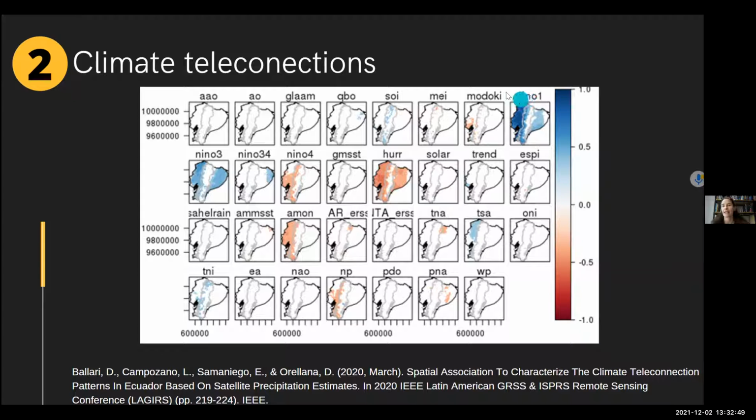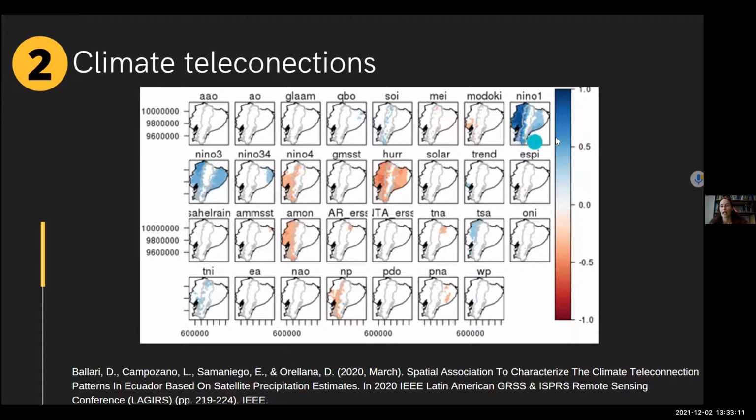Here, in each of these small maps, each one showing a climate index, we see the correlation coefficient and the direction and the strength of the correlation for the different pixels.